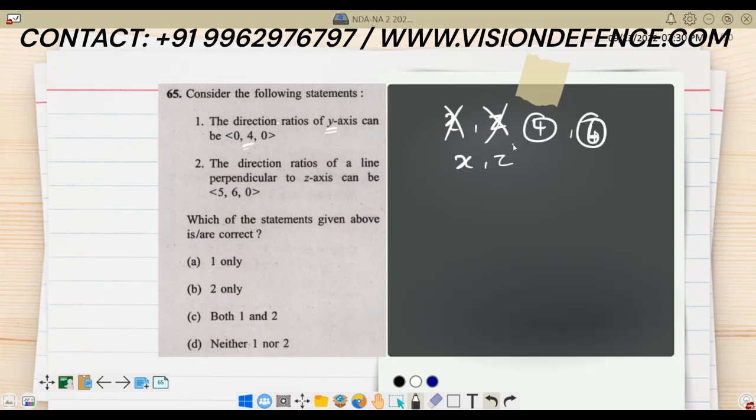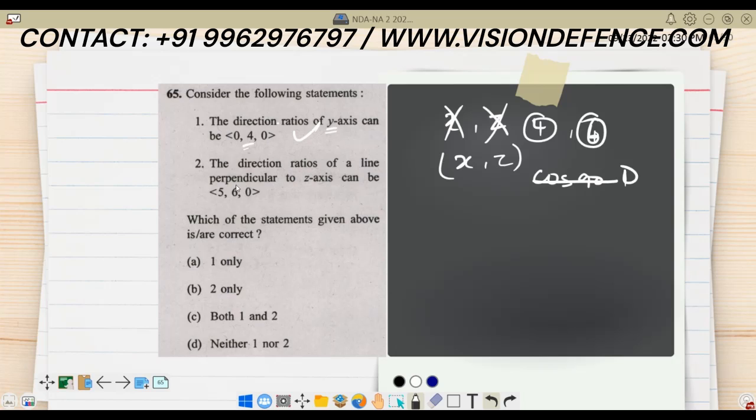So x and z should not exist, because it's cos 90 degrees, which is, sorry, not 1, 0, since the y-axis is perpendicular to the x-axis and z-axis. So the x and z direction ratios are 0.